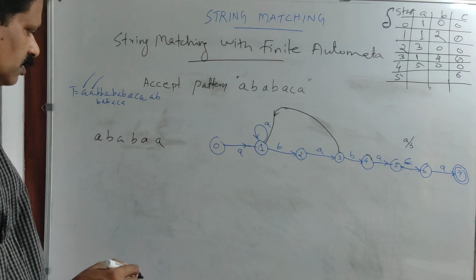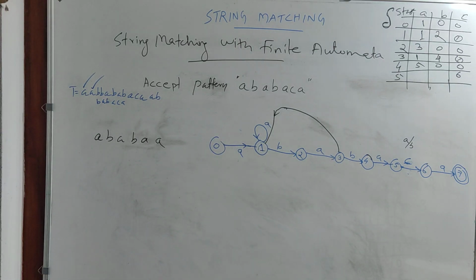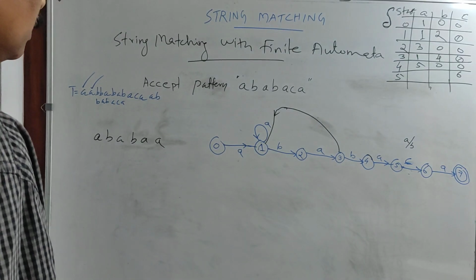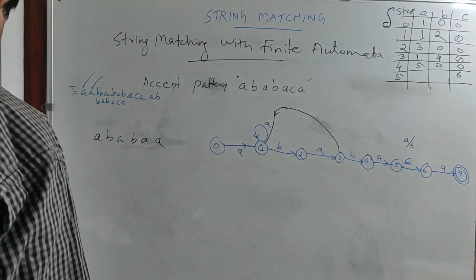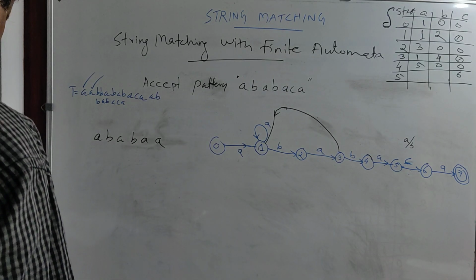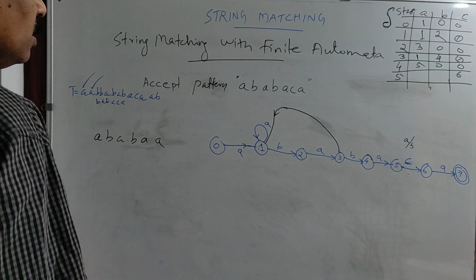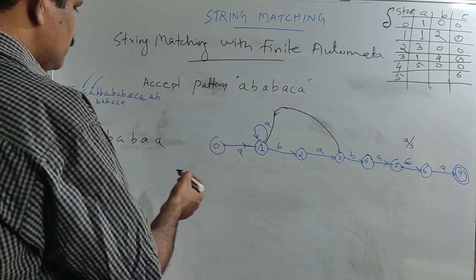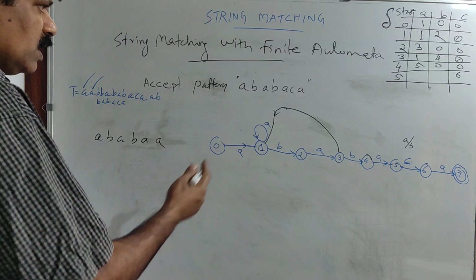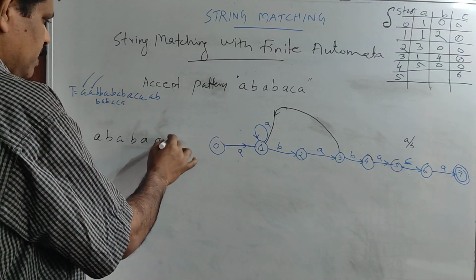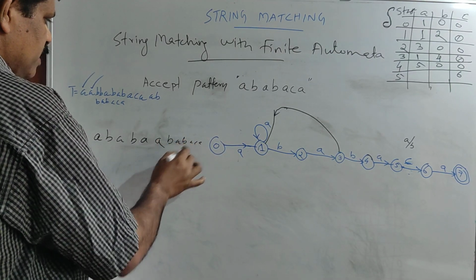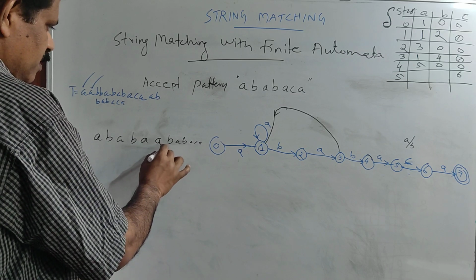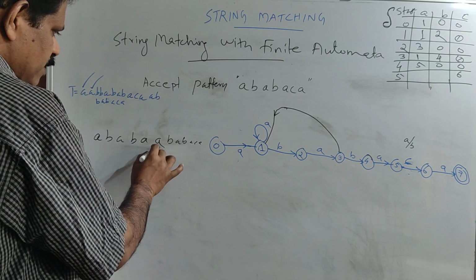Then what will happen? At stage 5 you are getting an A. It may be the beginning of the pattern A B, A C A. And you got the first character of this pattern.